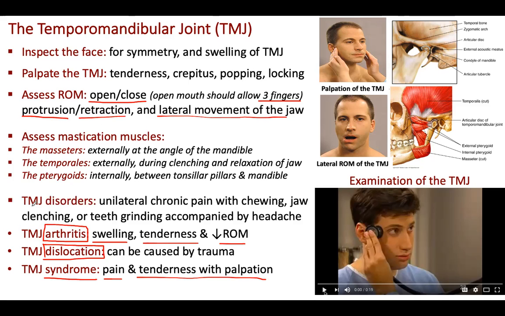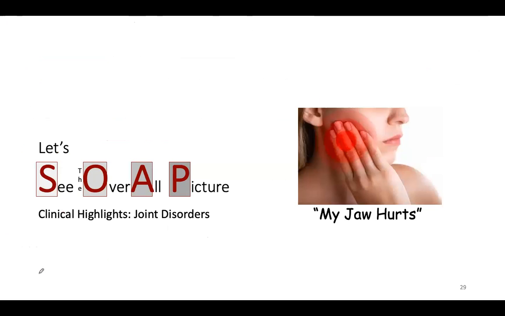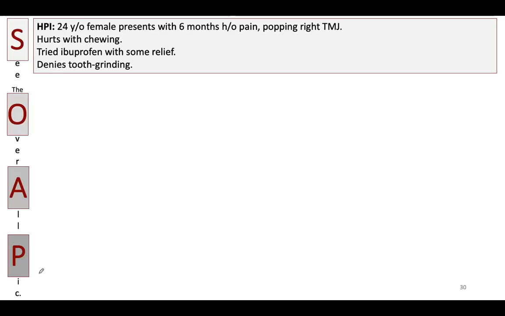And these are the TMJ disorders. Assess if it is unilateral or bilateral, either chronic pain with chewing, jaw clenching, teeth grinding, accompanied by headache. And these are the characteristics of the disorders that can be there. So if we see the overall picture, a patient might come presenting with a 6-month history of pain and popping of the right TMJ.